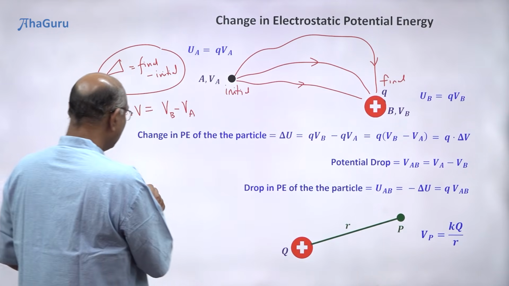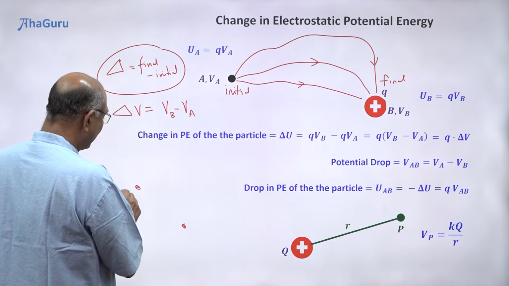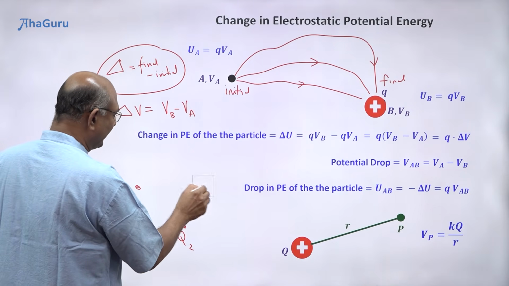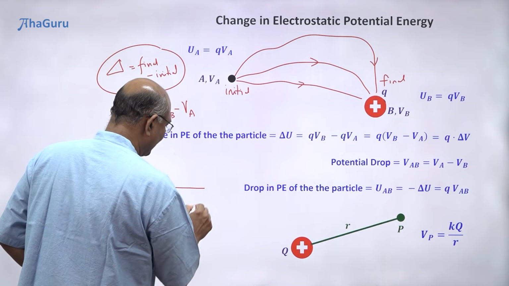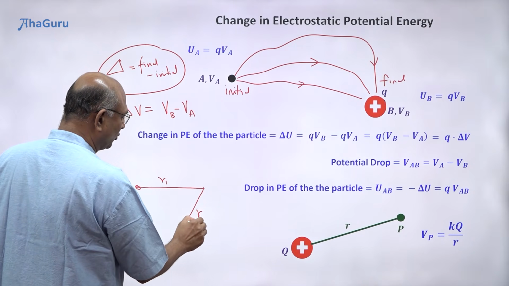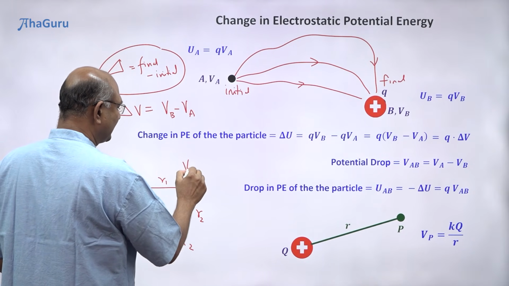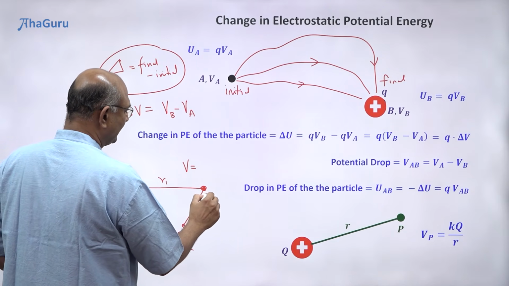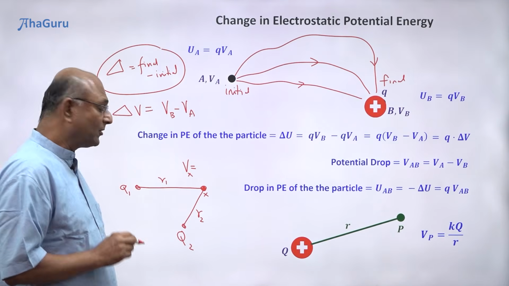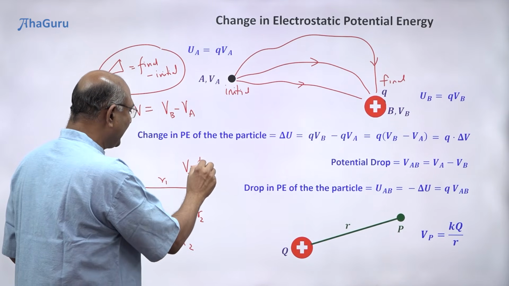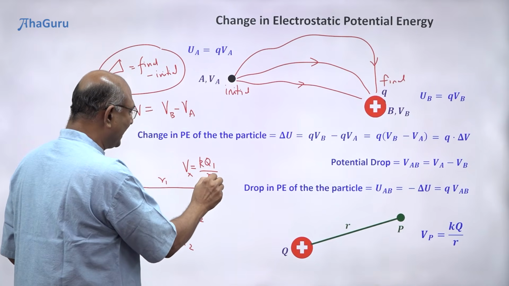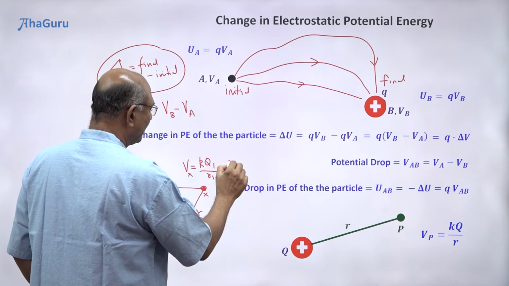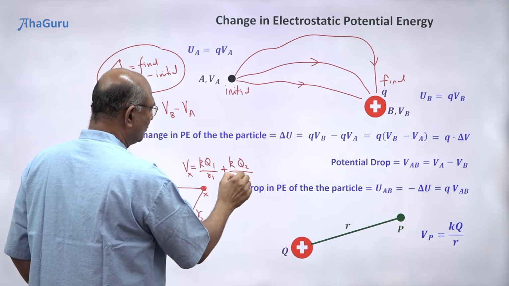And what if I had one point charge here, another point charge there? Let us say this was Q1 and this was Q2, and you want the potential here. That is quite easy. Suppose this is R1 and this is R2, and let us call this point X. Then potential at X will be KQ1 by R1, that is the potential due to Q1 at X, plus KQ2 by R2.